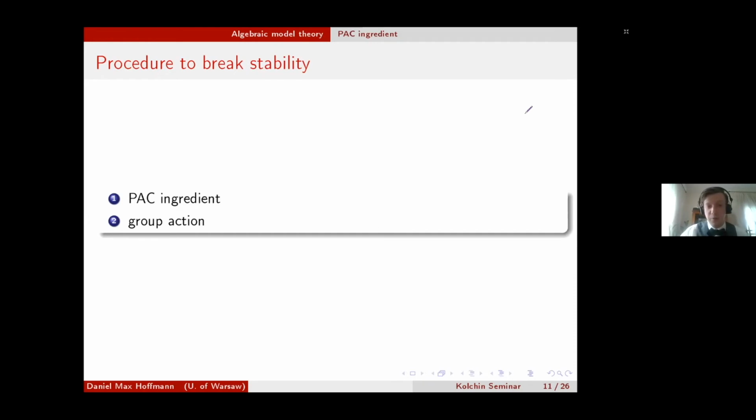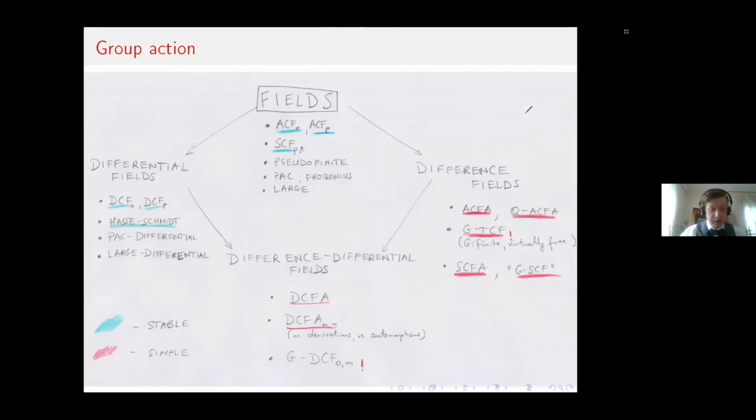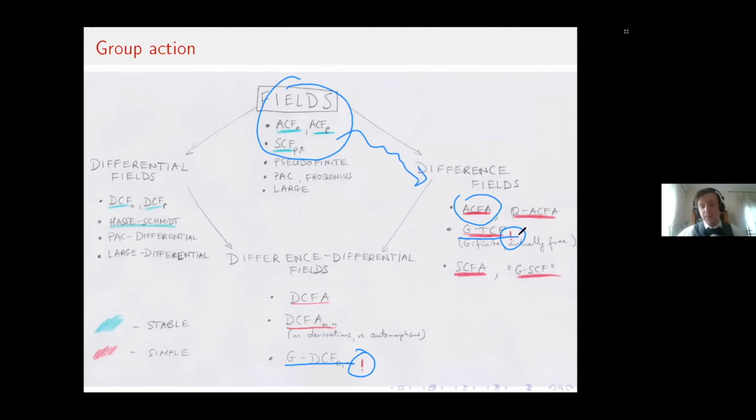So now group action. Let me come back to this first slide. Why group action? We want to start with something which is stable, and then adding difference structure, we get things which are not stable anymore. They are usually just simple. Here I made two marks about these theories, GTCF0 and GTCF.